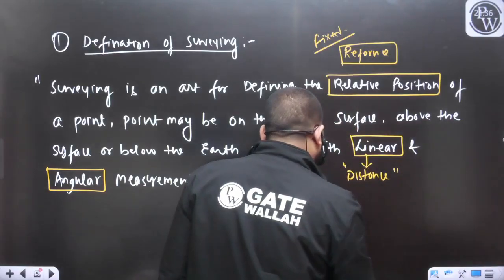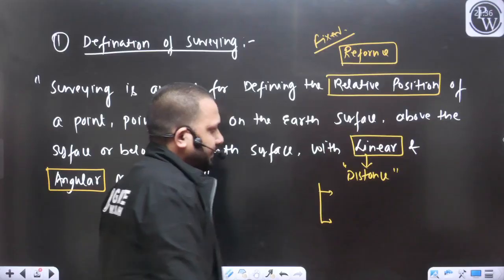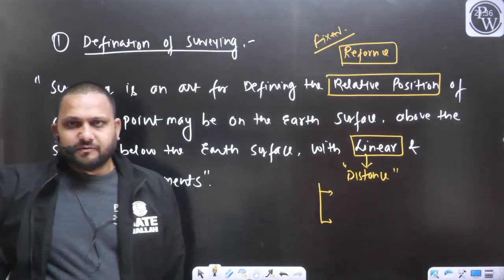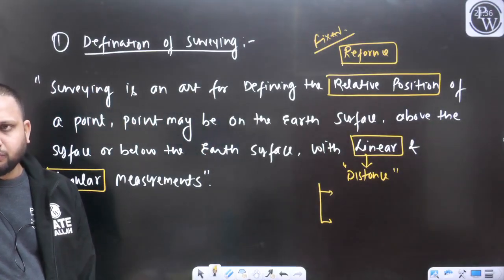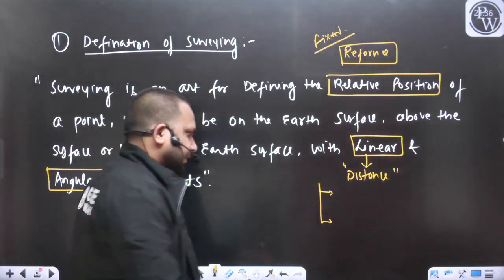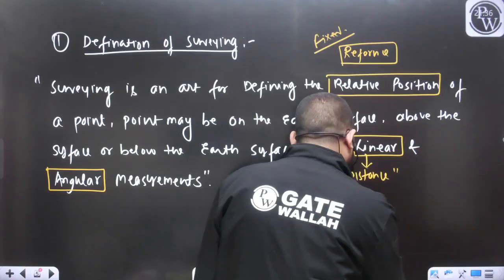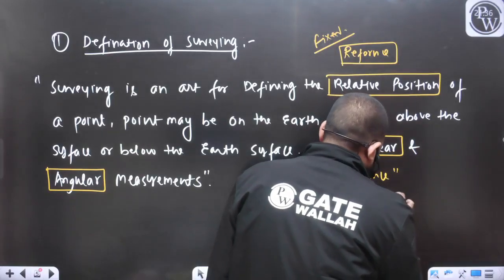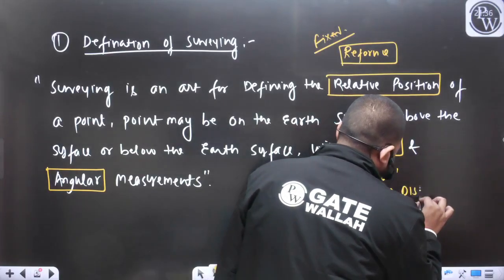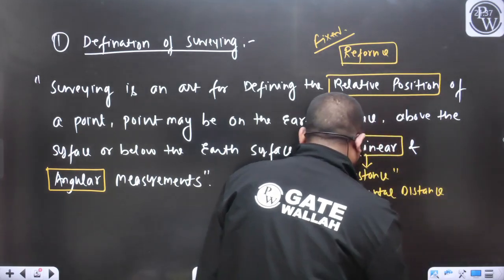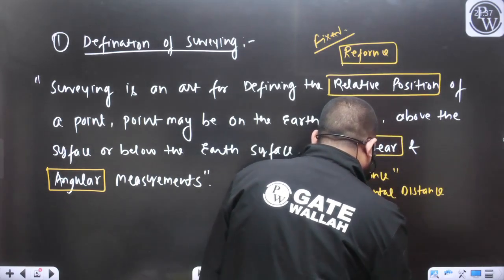We will talk about two types of linear measurement. One is going to be the horizontal distance and another will be the vertical distance.